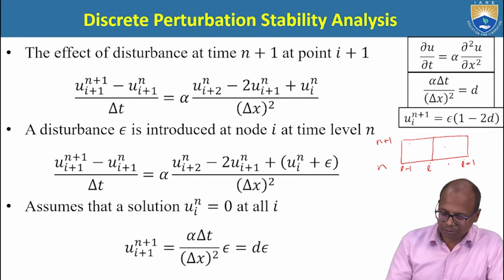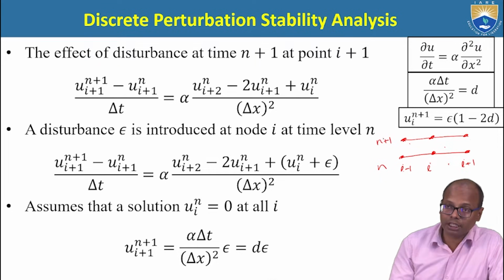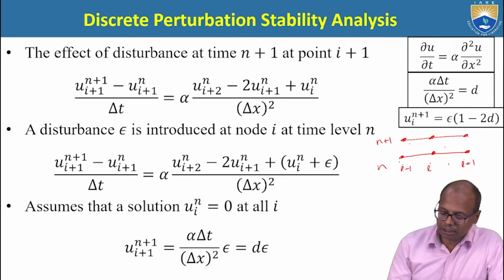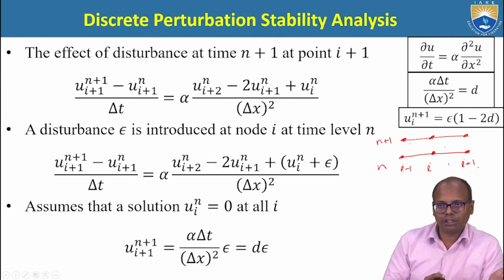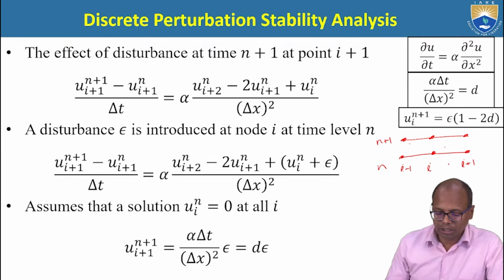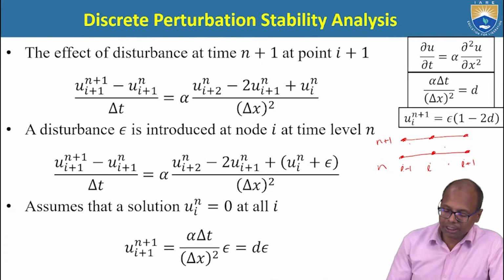This is the nth time step and this is the n plus 1th time step, and here these are the nodes I minus 1 and I plus 1. One before is I minus 1, one after is I plus 1. Now we have seen the effect of the disturbance that we have induced at this point.